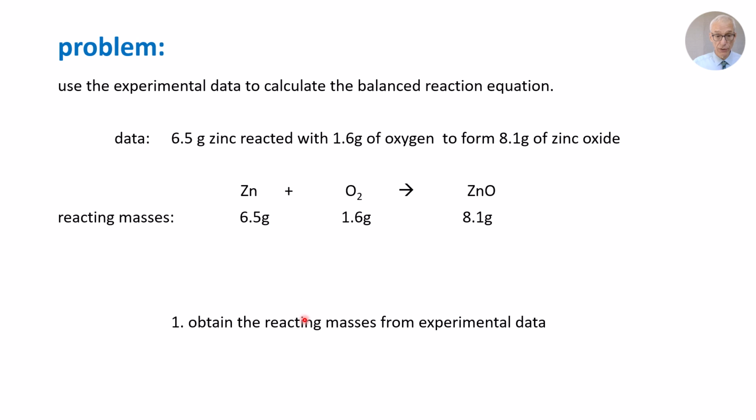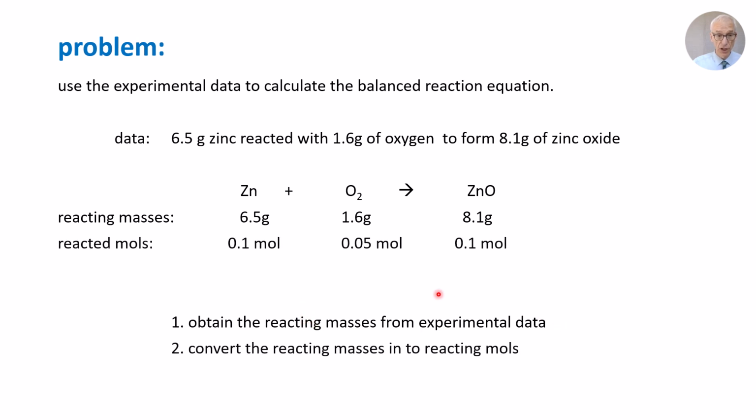Okay, so I'm going to go through step by step. Well, we've got the reacting masses, convert those into reacting moles. 6.5 divided by 65, 1.6 divided by 32, 8.1 divided by 81. So our reacting moles is 0.1 to 0.05 to 0.1, but we need a whole number ratio.